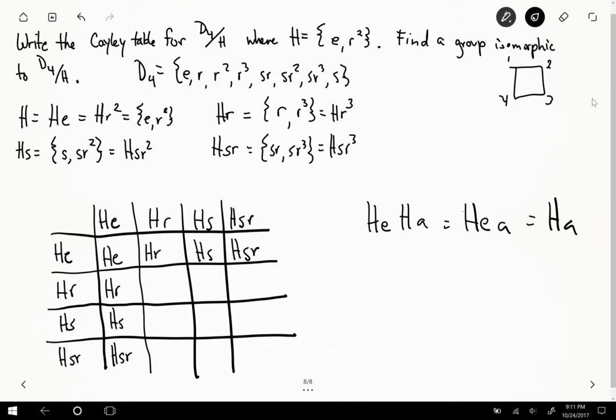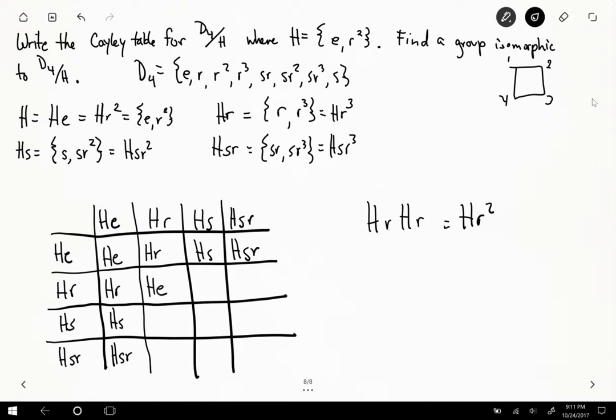Okay, so now where do we go from here? Now we're into the good stuff. And this is where it gets a little bit more interesting. So notice this next one's HR composed with our HR. So notice that becomes HR squared. But if you look, HR squared is the same thing as HE, right? And so this is just HE, surprisingly enough.